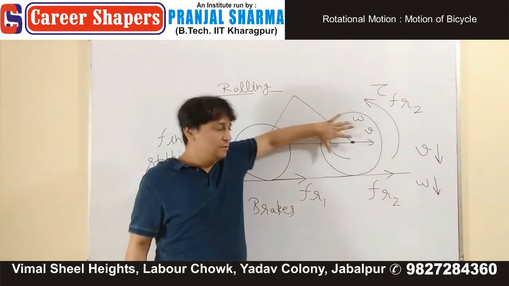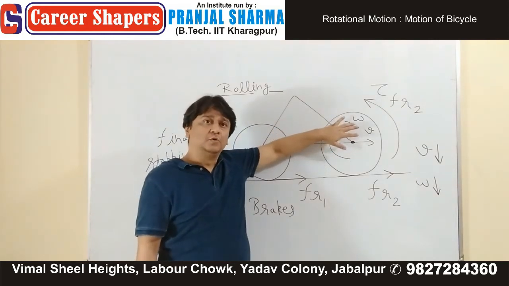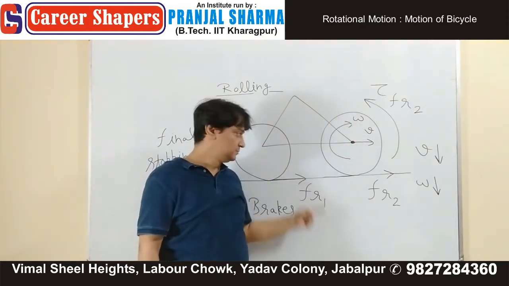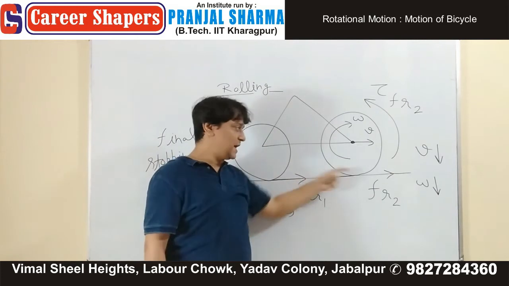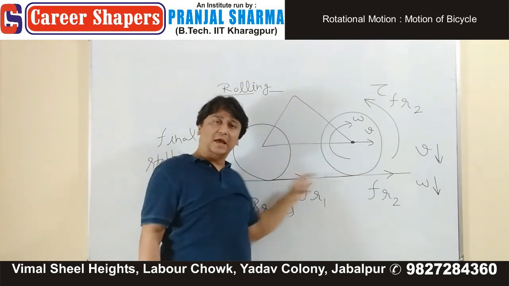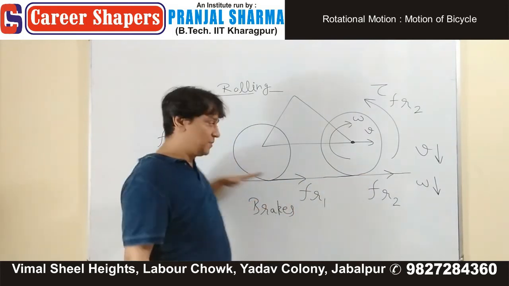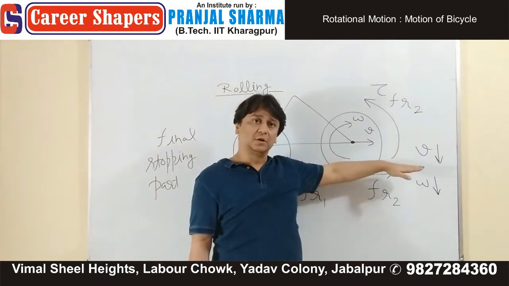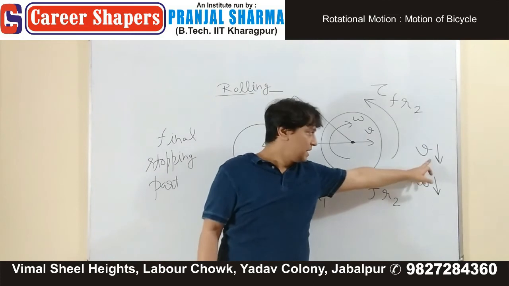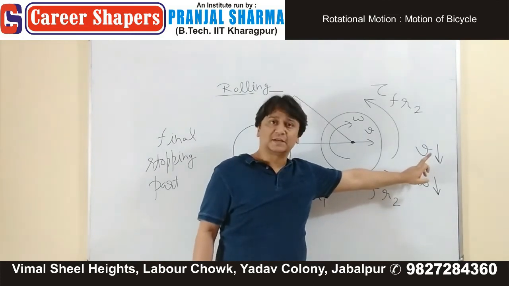You have a bicycle which is being pushed by two forces acting in the same direction, the forward direction. This and this, if they both are acting in the forward direction, then you cannot decrease speed of the bicycle.